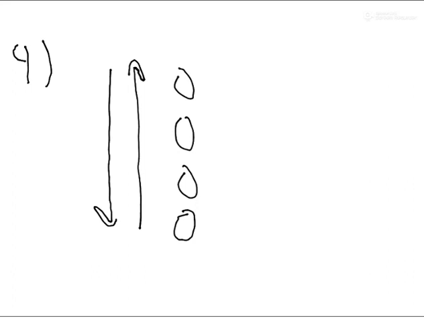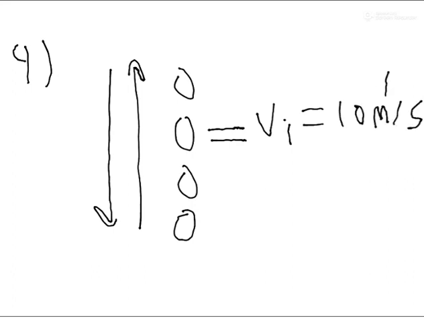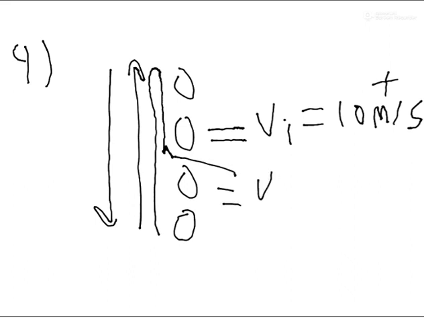At this point right here, just pick any point, the velocity here, say it's 10 meters per second plus, because it's going upwards. But then, as the object rises, and then it comes back down, at this point on its way back down, we could say that the final velocity is the same. It's 10 meters per second in the negative direction.